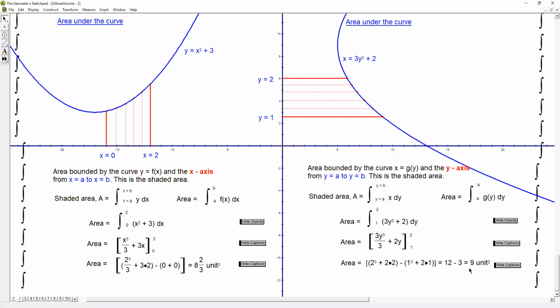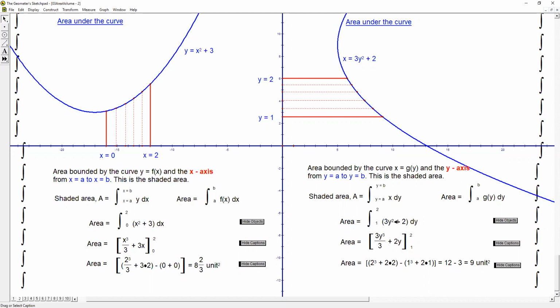So before that, let me summarize again. Now I have told you there are two types of area, one between the curve and x-axis, another one between the curve and y-axis. So how to apply the formula that I've taught you? For the type of area between the curve and the x-axis, everything must be in terms of x. The function, the limit, with respect to x. If it is between the curve and the y-axis, everything must be in terms of y.